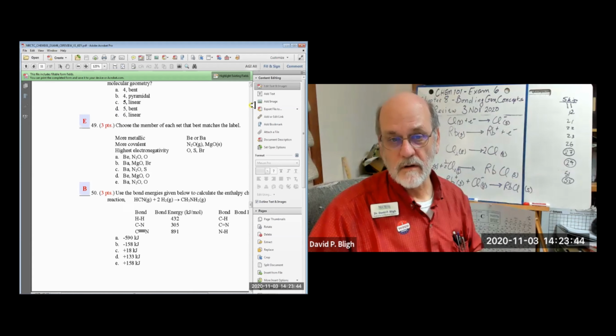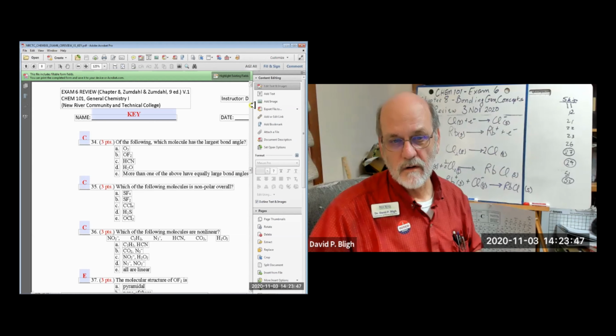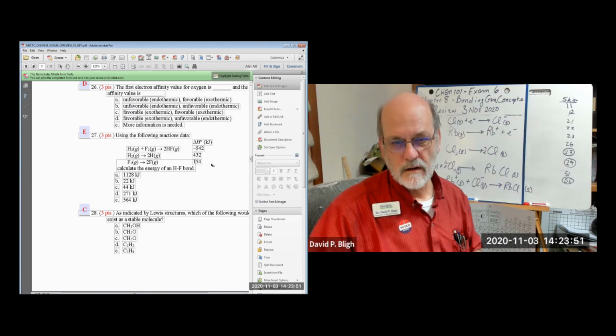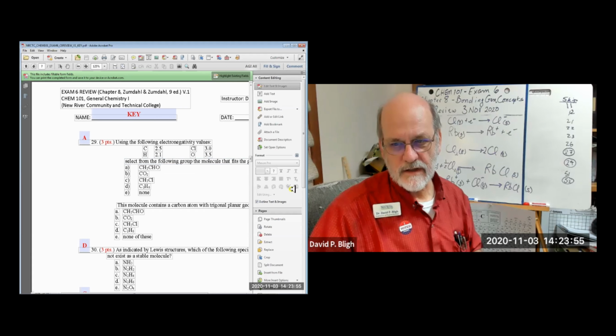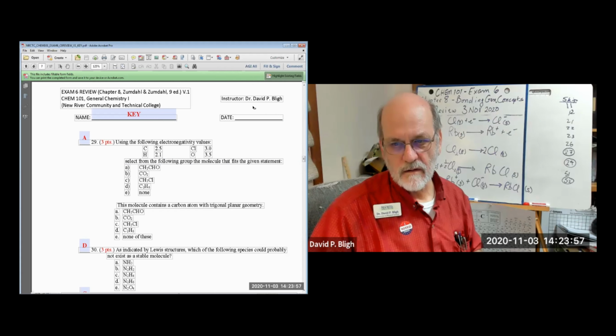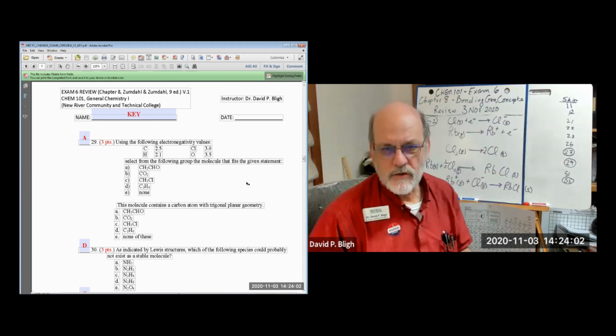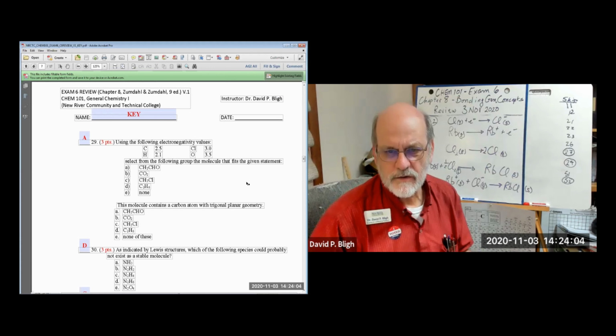Let's see. There's 29. There's 27. Let's see. 29. Use the following electronegativity values. Select from the following group the molecule that fits the given statement.